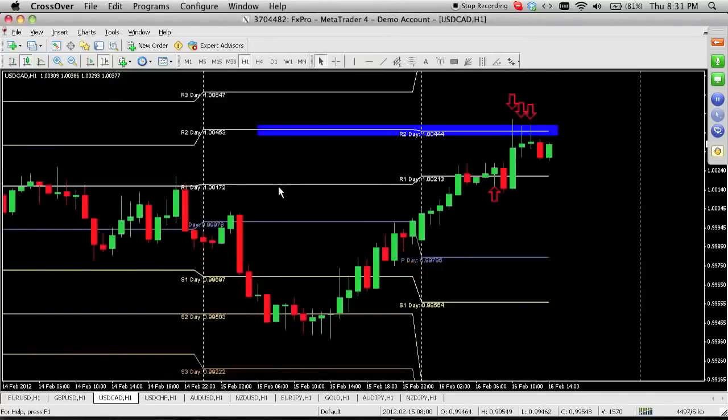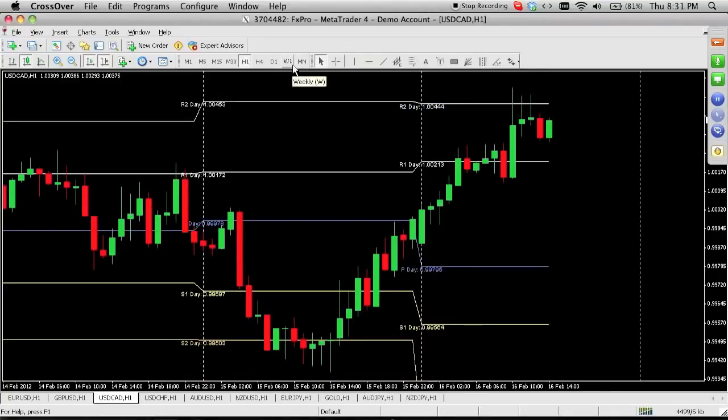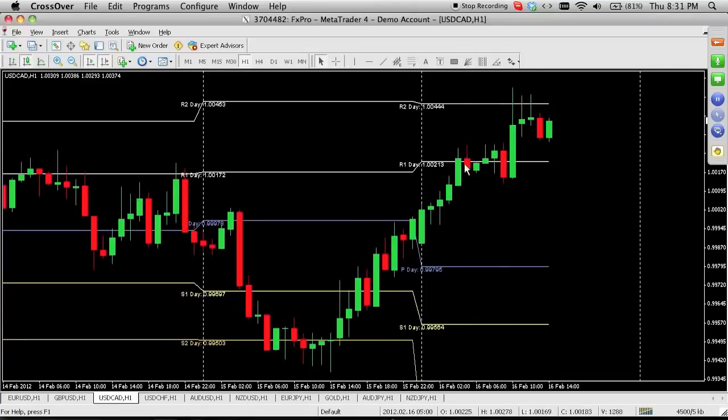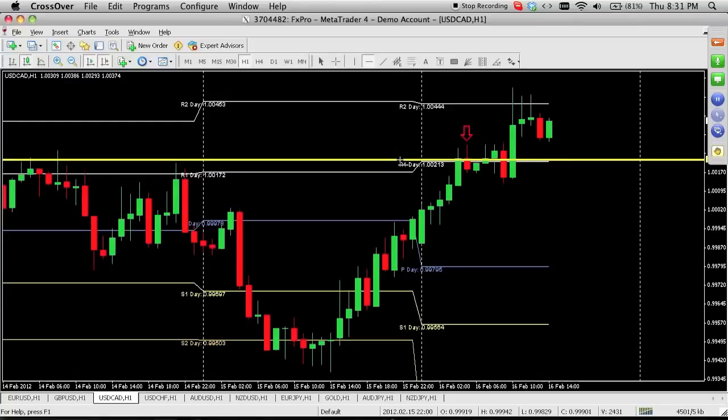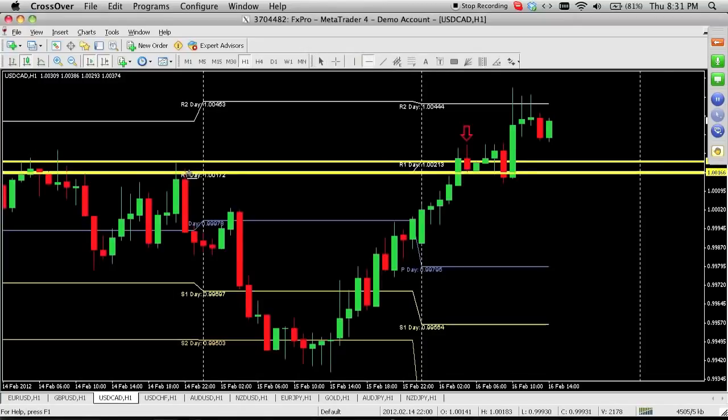US dollar CAD at 5 o'clock. Okay, not an exhaustion, but the train has already left, which is good. Now, what do we have here? It's bouncing off of one pivot, it's above the second one, and it's above the third one.